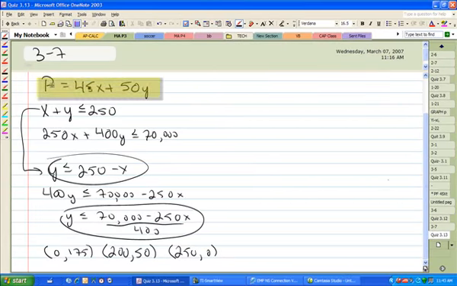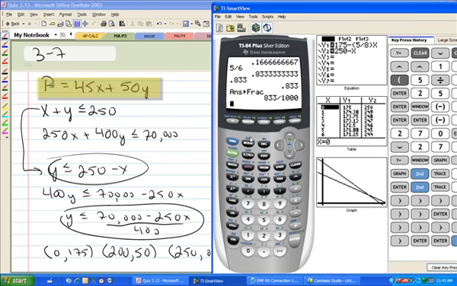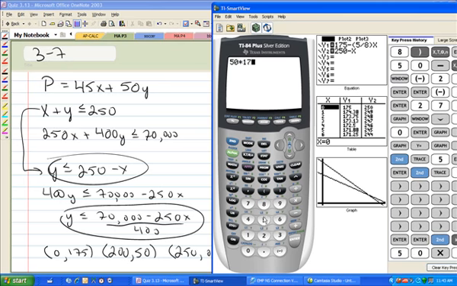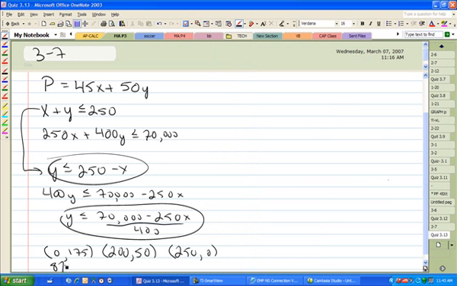So these need to be plugged into the objective equation, so I got to get out of my graph. For 0, 175, that would be 0 plus 50 times 175. That would be 8,750 profit.